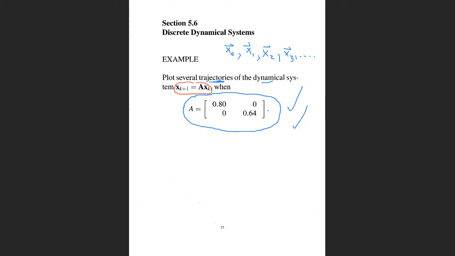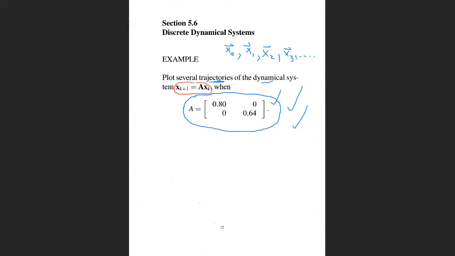Now, is it going to be hard to find the eigenvalues of this particular matrix A here? No. It's a diagonal matrix. So what are the eigenvalues? That's right, 0.84 and 0.64. Right along the diagonal. And you learned that. And so all we need to do is find the eigenvectors.